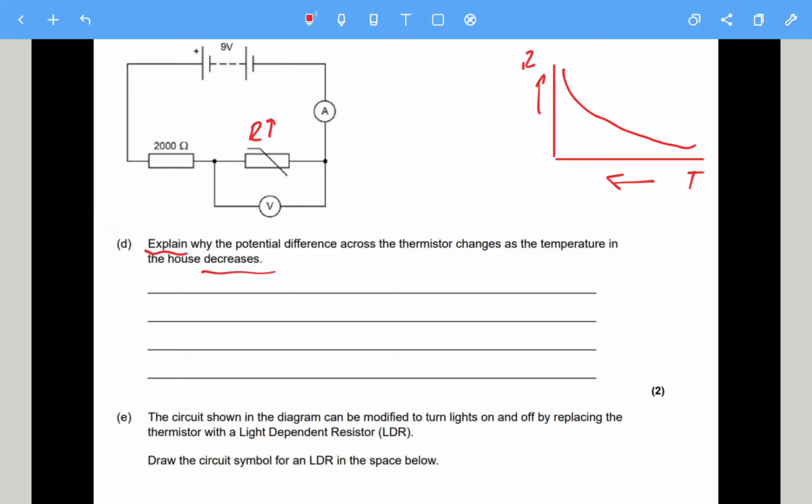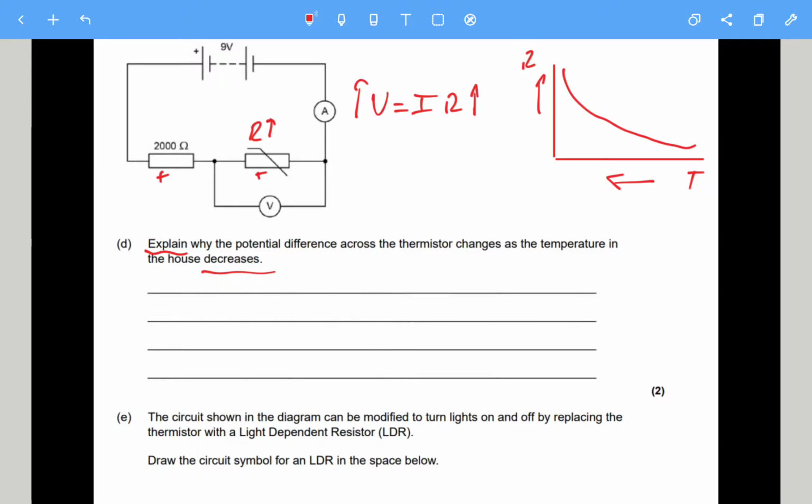And then we need to explain what happens to the potential difference. Well, if there's more resistance, if you look at Ohm's law, V equals I times R, the current's the same through each part, through this one and this one. So if the resistance is increased, that means that it will need more voltage across the thermistor.